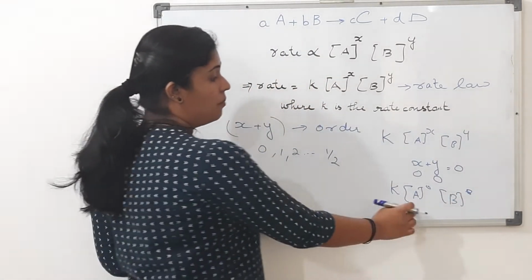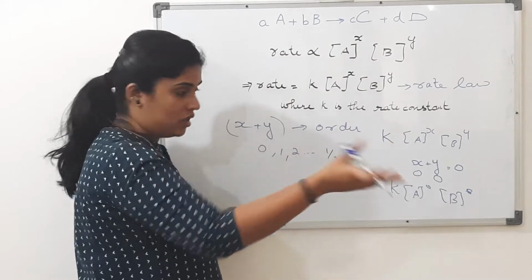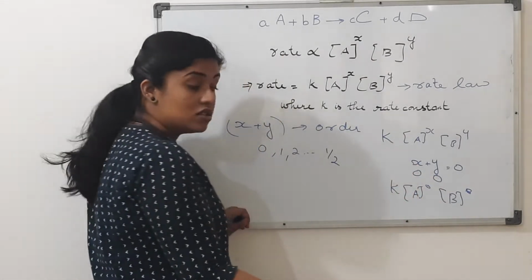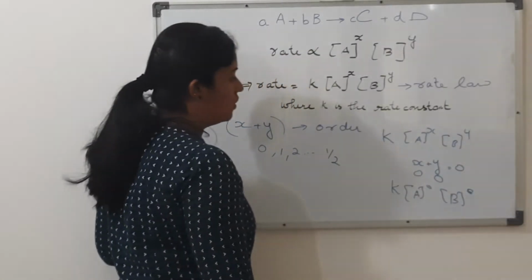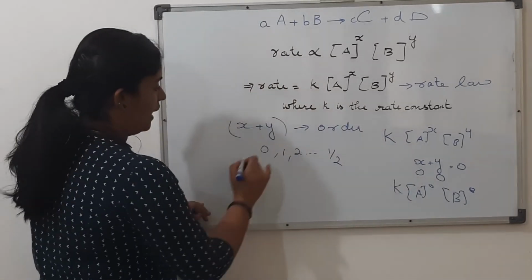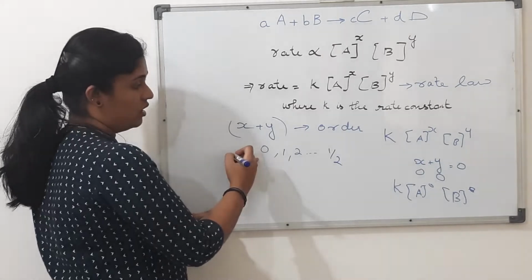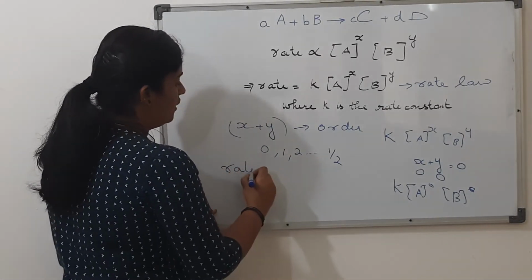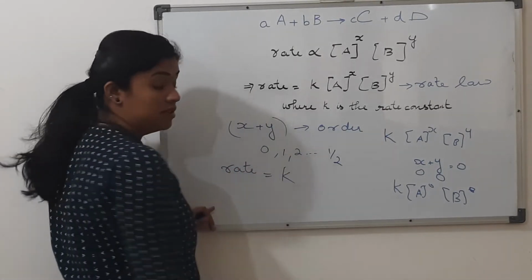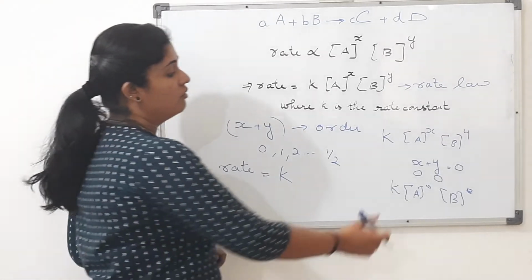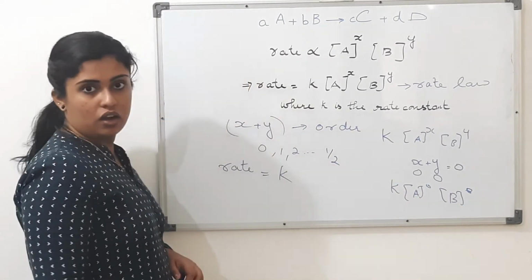Any number power 0 is 1. So a power 0 is also 1, b power 0 is also 1. So in a zero order reaction, where the order of the reaction is 0, I am simply saying that the rate of the reaction equals the rate constant, or it is independent of the concentrations of the reactants.